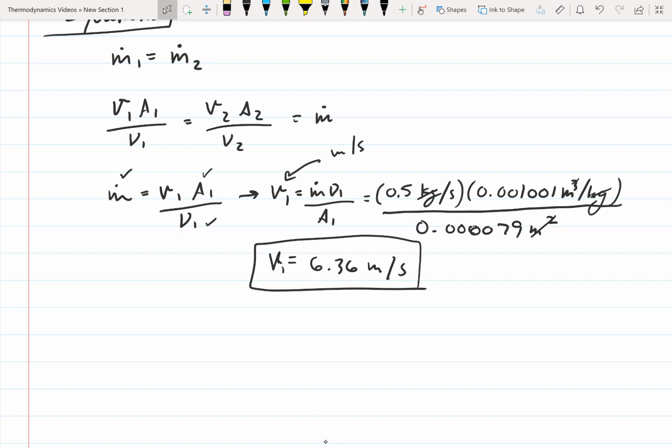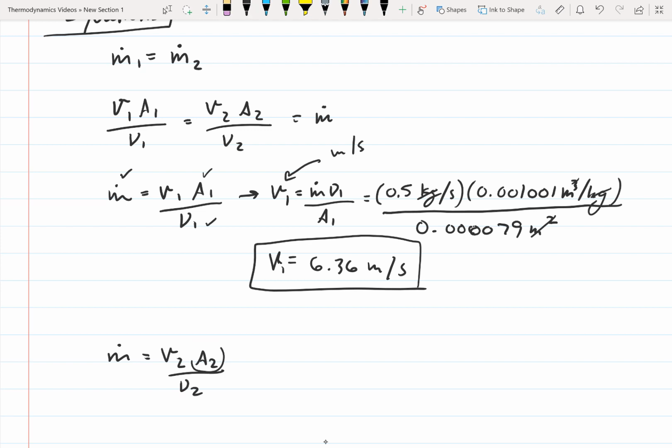Now we can calculate the velocity at the outlet. m dot is equal to V2 A2 over v.